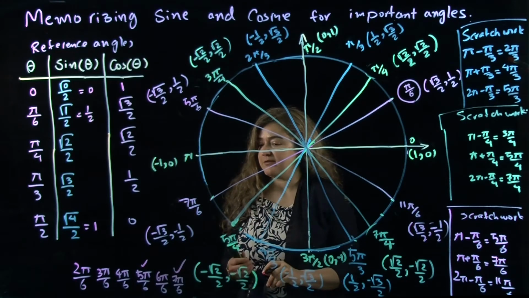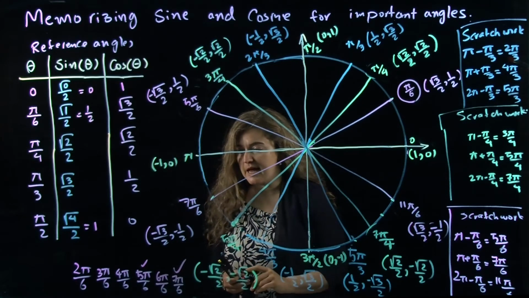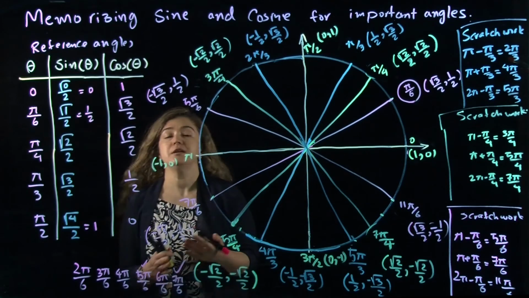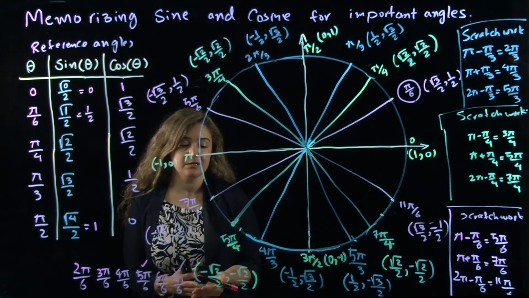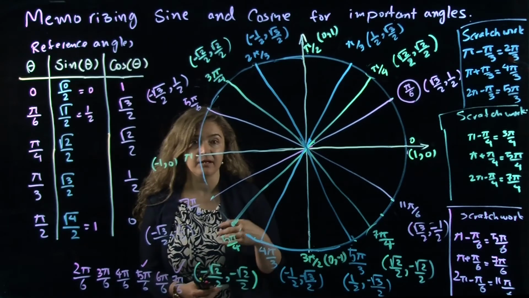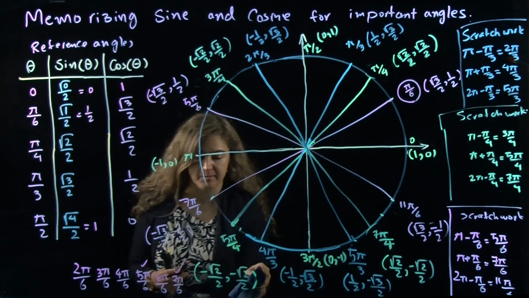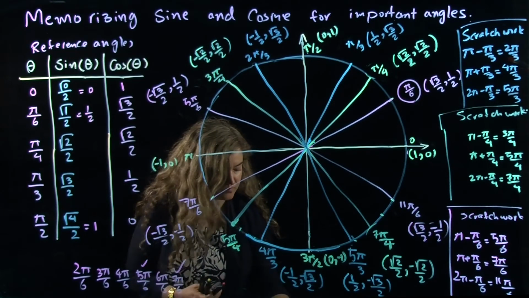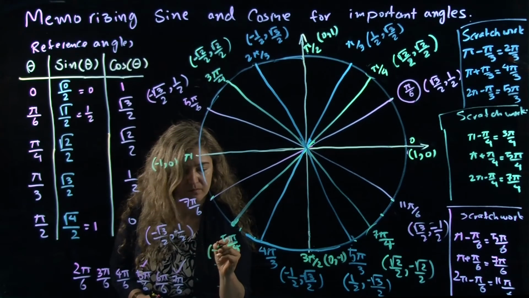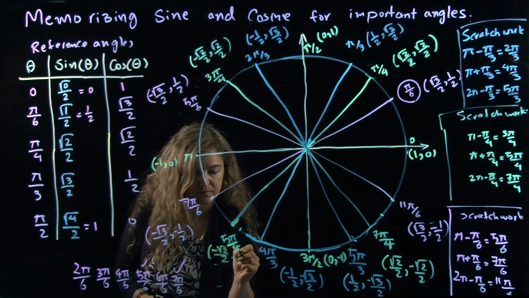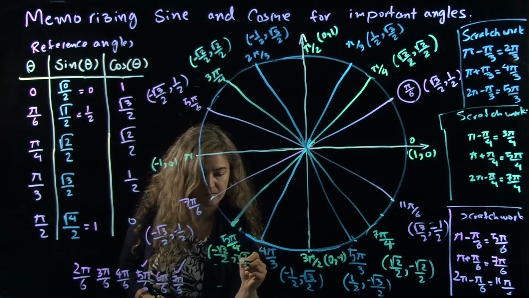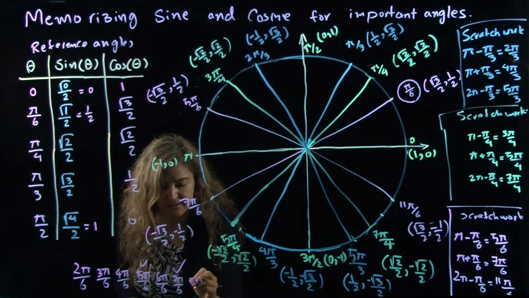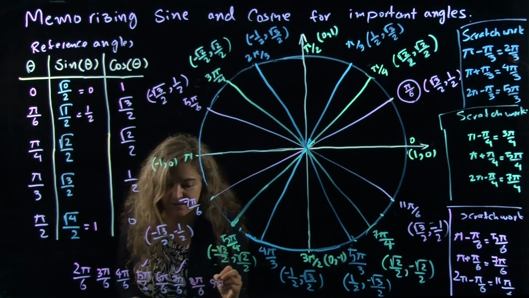Then after that we'll have 8 pi 6, that doesn't count, 9 pi 6, that doesn't count. Then I will have 10 pi 6. Let me erase this part and rewrite this. So 7 pi 6, 8 pi 6, 9 pi 6.